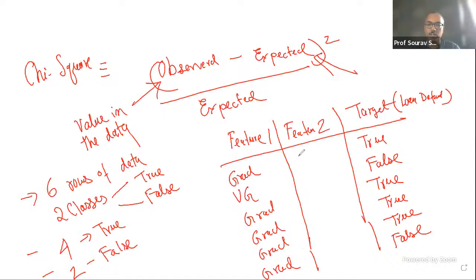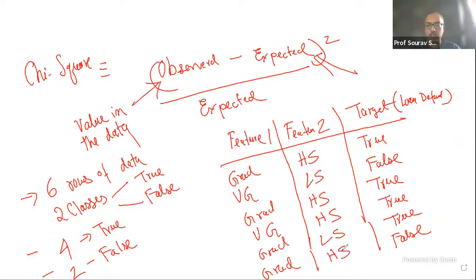Feature 2 is salary. Make one change: high salary, low salary, high salary, high salary, low salary, high salary.